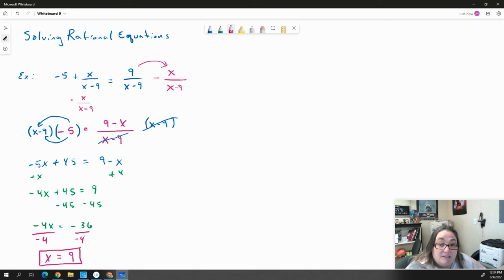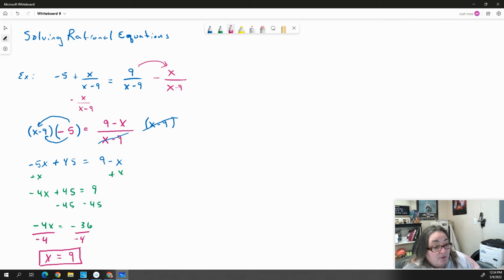A solution means that if I were to plug 9 in for x in every aspect of this, we would wind up with a true statement, right? That's all it means. Do I need to test it? No, right? We're just trying to solve this rational equation. We're just trying to get to the bottom of it.